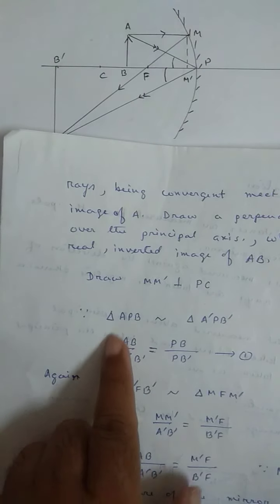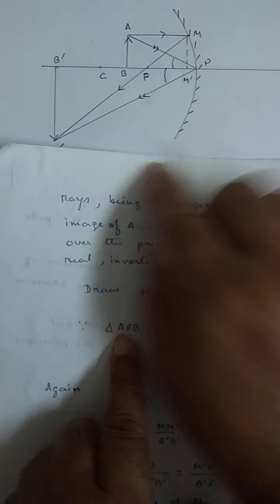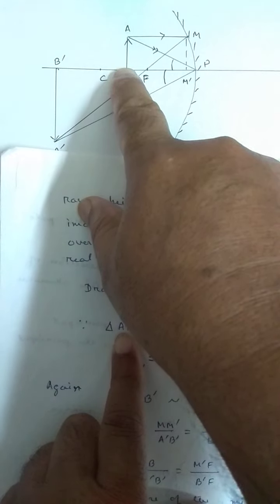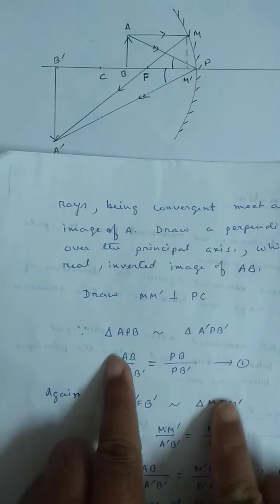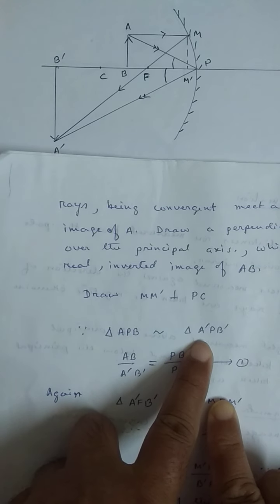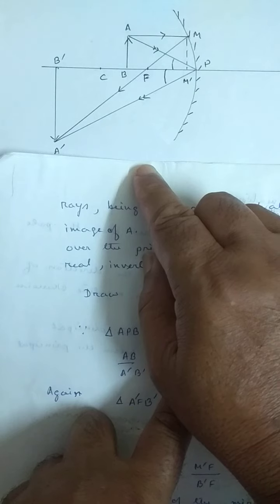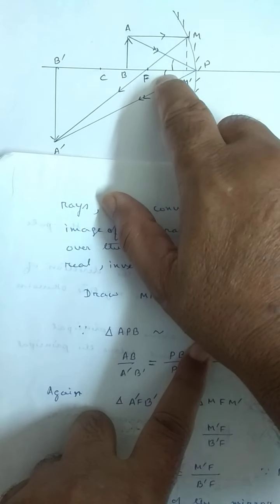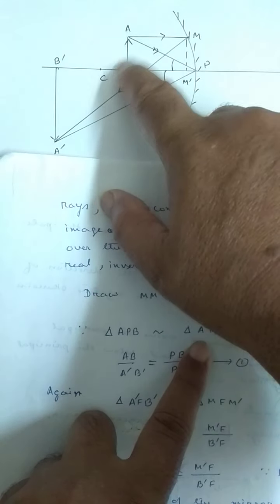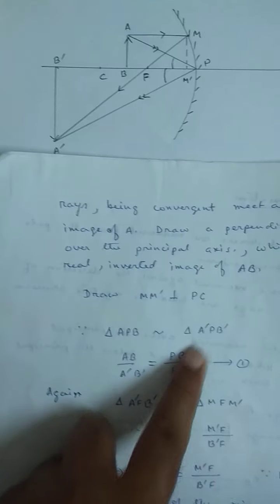So first I take triangle APB, similar to triangle A'PB'. They are similar triangles. Why? Because this angle and this angle are equal, and this is the common line. Therefore, APB is similar to A'PB'.